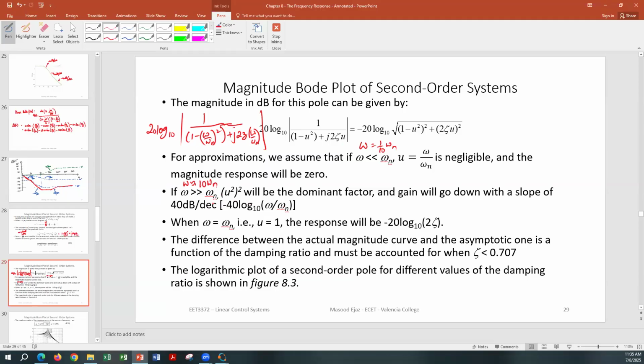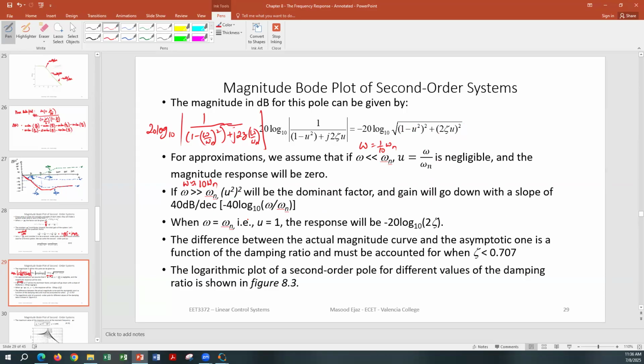Then omega over omega n is a very large number. We drop this one over here, and we assume that u squared is the dominant factor.